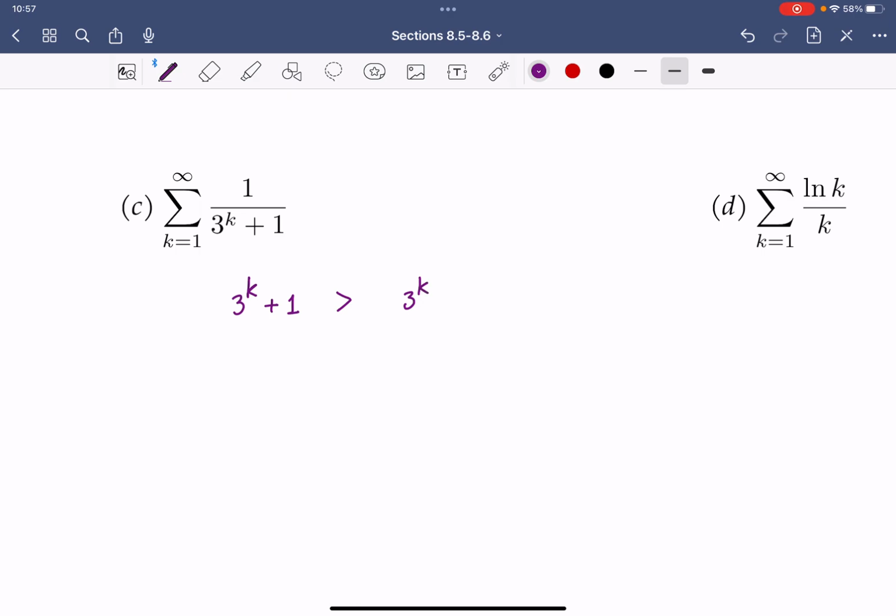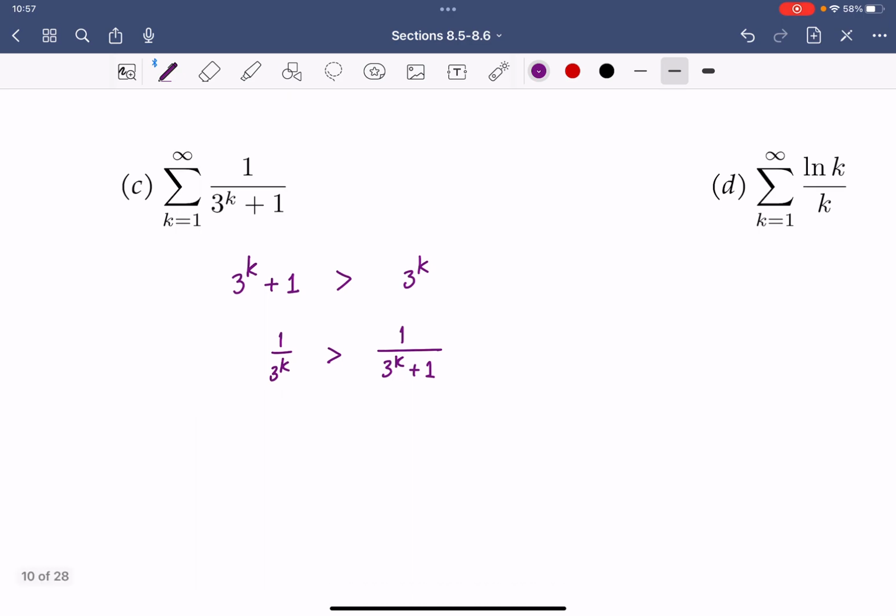Then you swap it. I will just cross multiply first. Would you agree? I just did the cross multiply here.